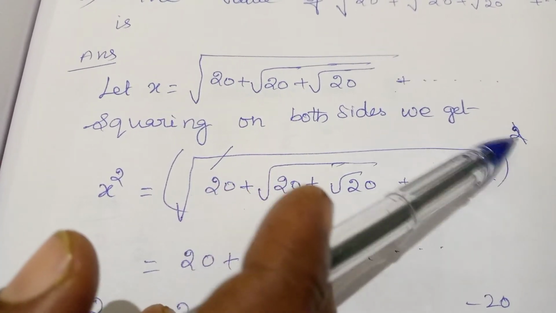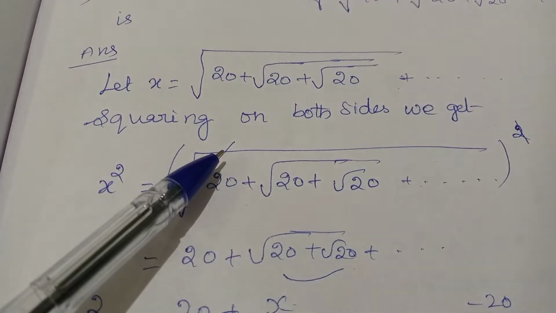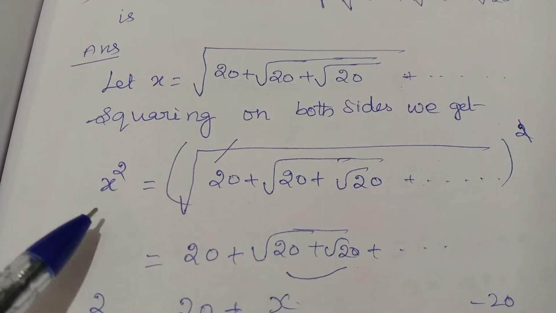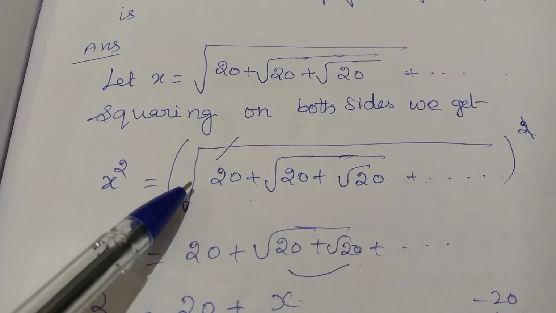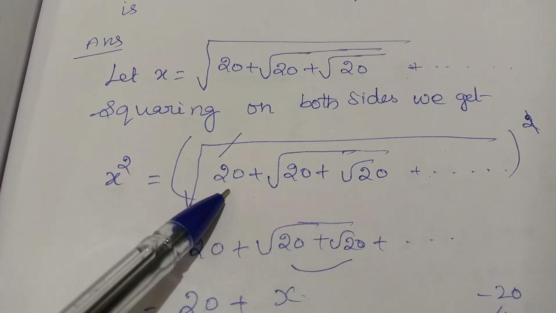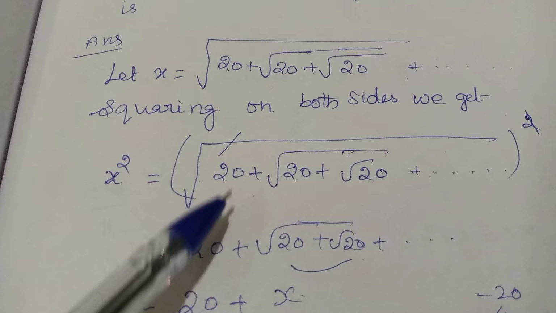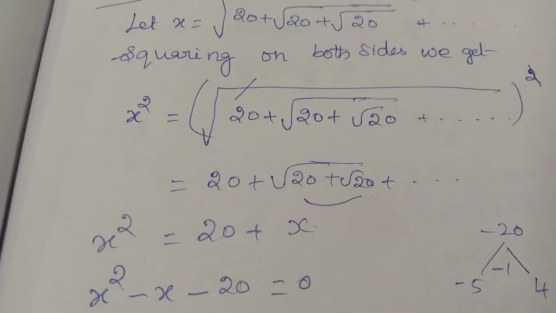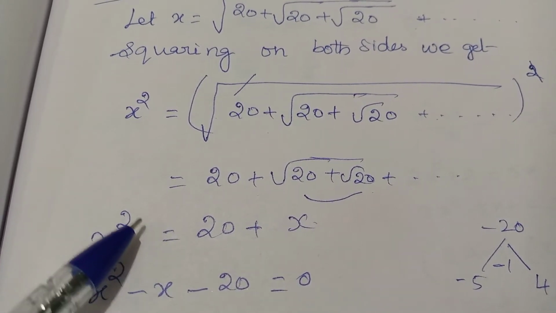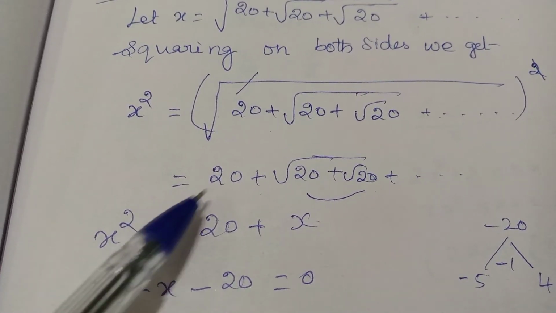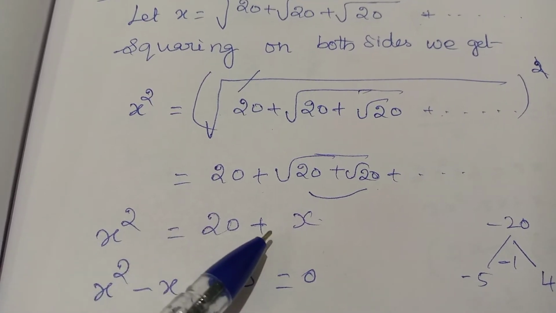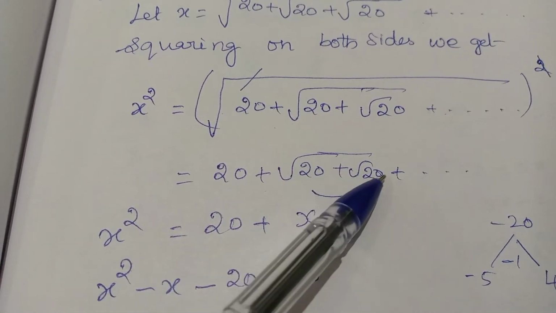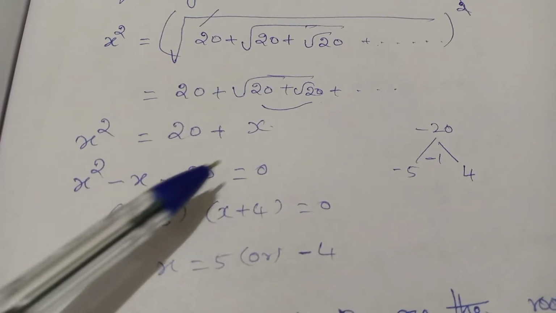Now this square and this square root can be cancelled. So what is remaining? x square is equal to 20 plus square root of 20 plus square root of 20 plus etc. Now x square is equal to 20 plus again square root of 20 plus square root of 20 plus x.